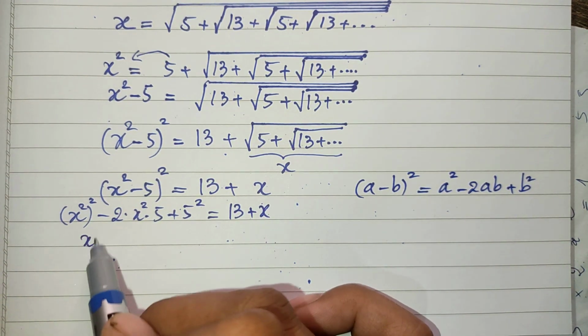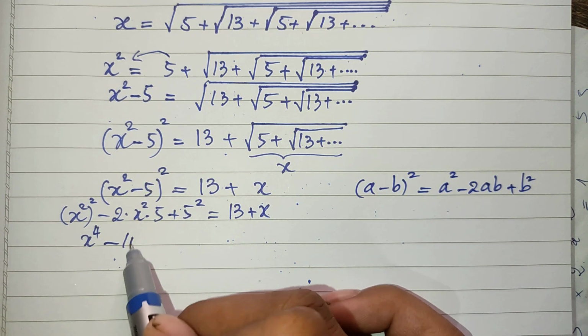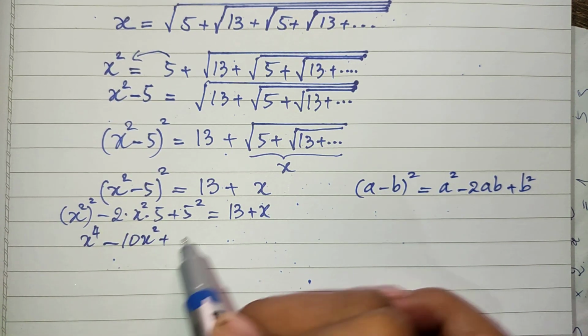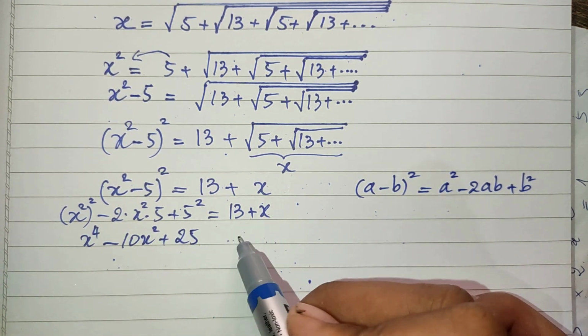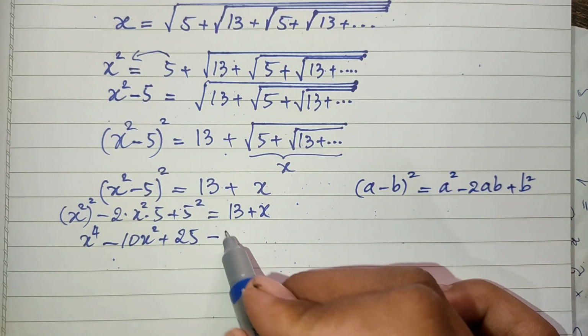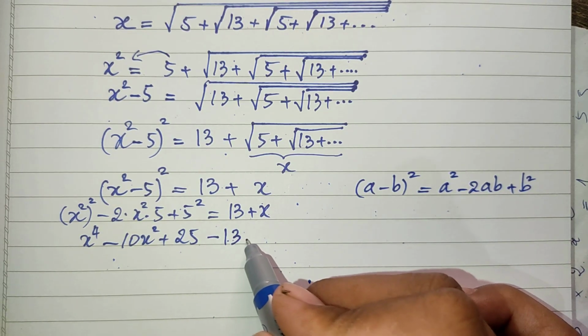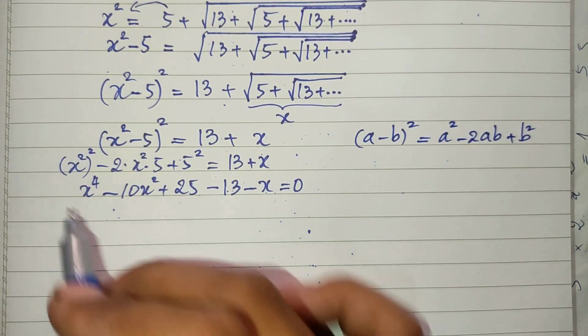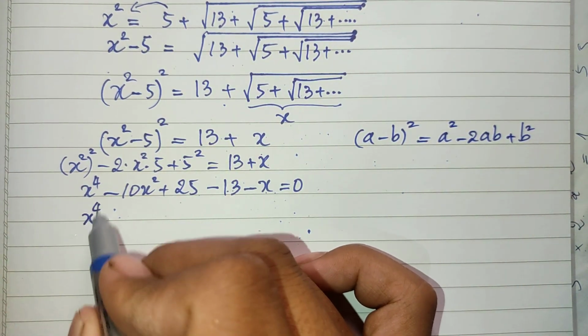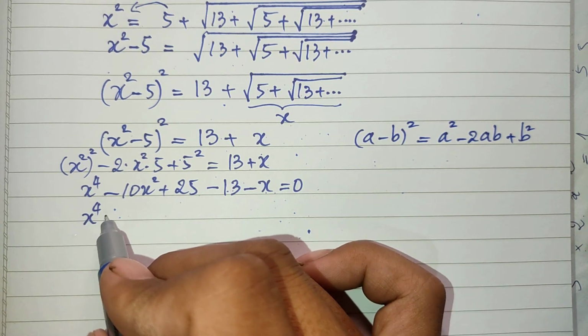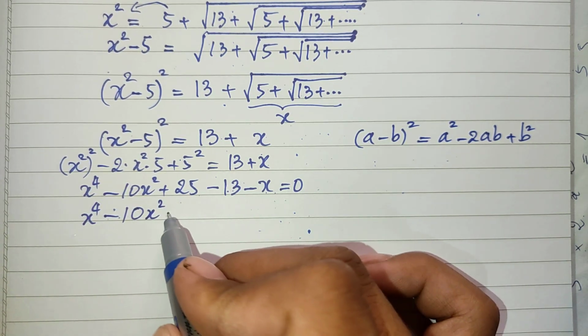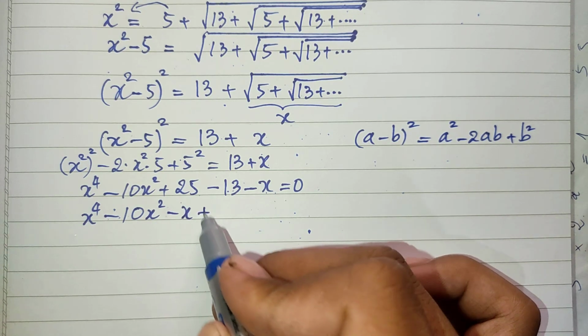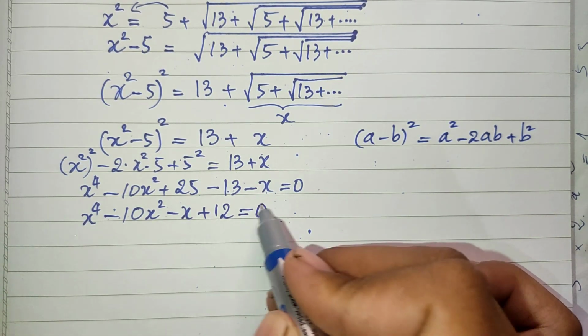And this gives h to the power 4 minus 10 h squared plus 25. We move this to the left hand side, we get minus 13 minus h equals 0. Now we get h to the power 4 minus 10 h squared minus h plus 12 equals 0.